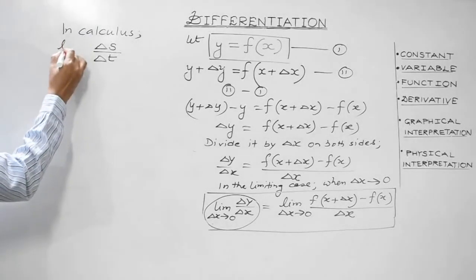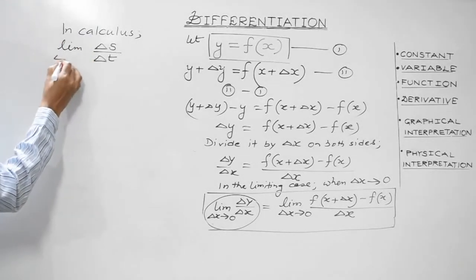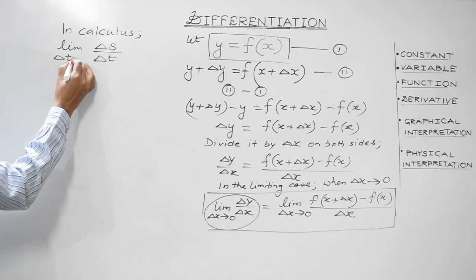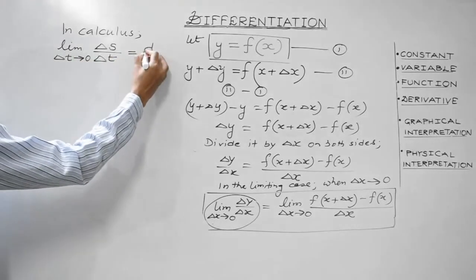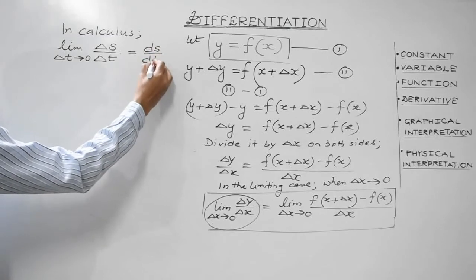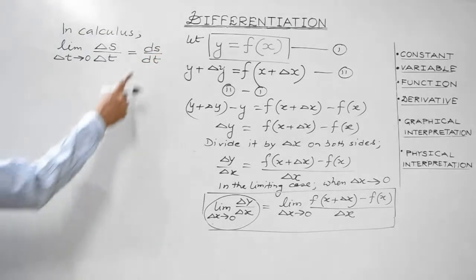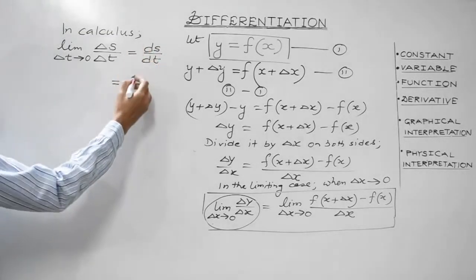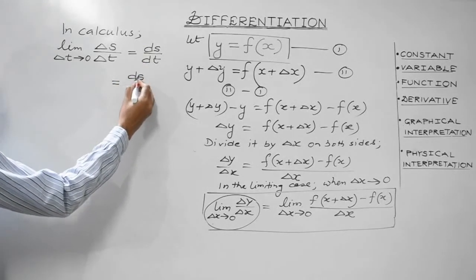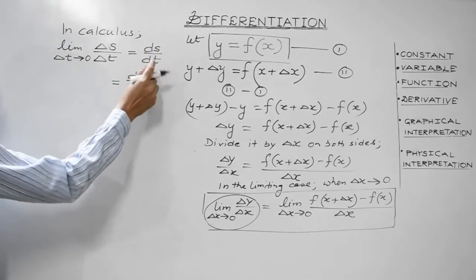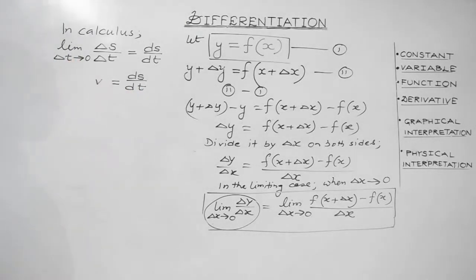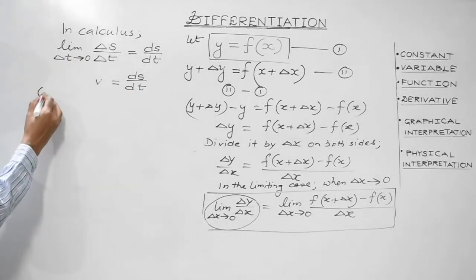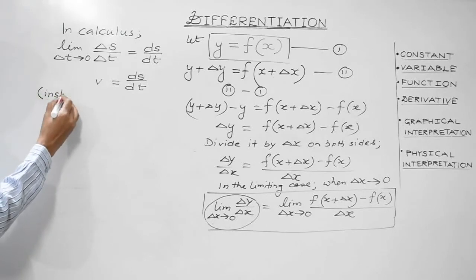In the limiting case, when the time interval is considered to be very, very small, it approaches 0, then it will be written as ds by dt. And students, this is actually the instantaneous rate of change of displacement with respect to time, and it is known as velocity. Actually, it is instantaneous velocity.